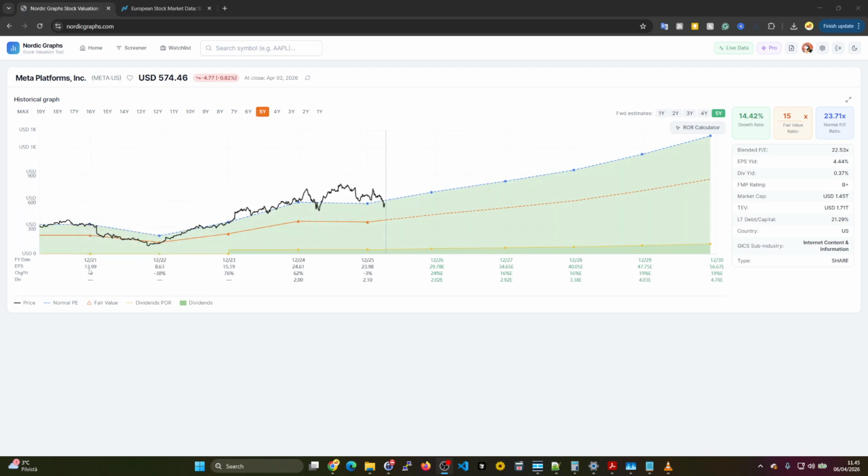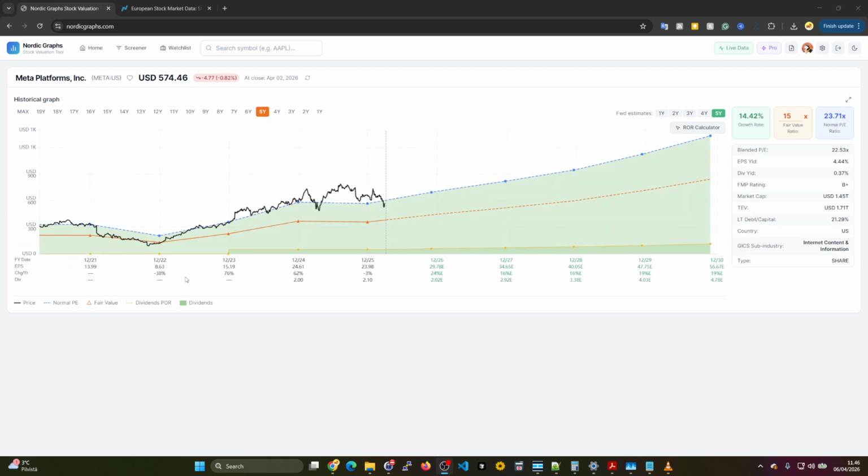And if you look at the earnings per share, we can see that when earnings started to fall, the stock price also fell, and investors were quite pessimistic about Meta, and it traded around that 15 or even 13 PE line for quite a bit, and even going as low as a 9.5 PE value.